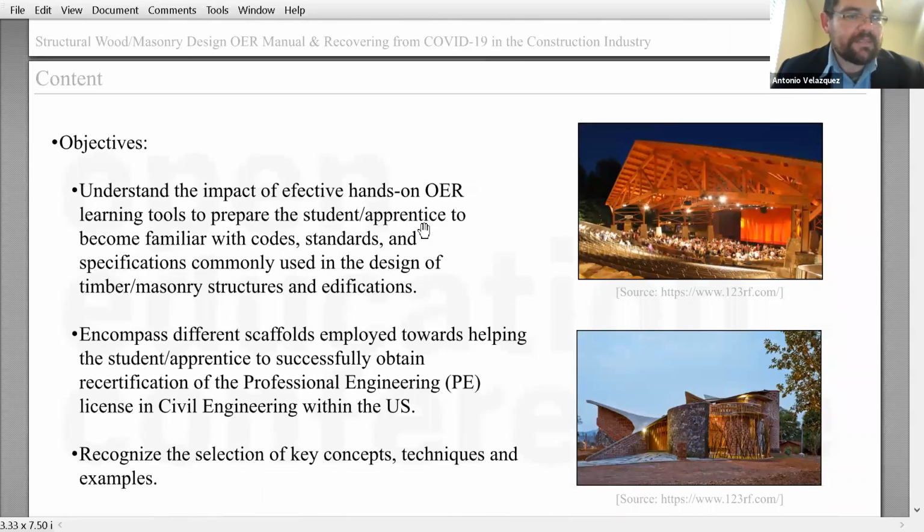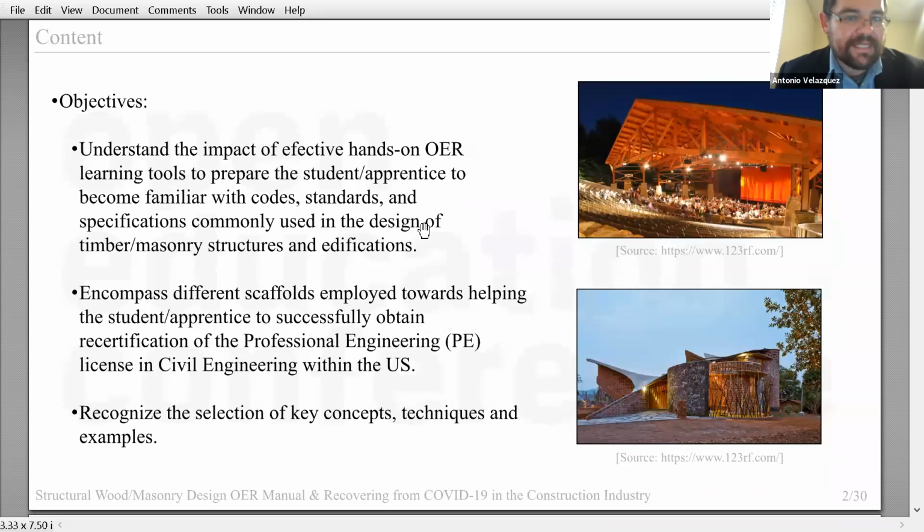All right, so the objective of this quick talk is to understand the impact of effective hands-on open education resources learning tools to prepare students or apprentices to become familiar with codes, standards, and specifications commonly used in the design of timber and masonry structures and edifications.